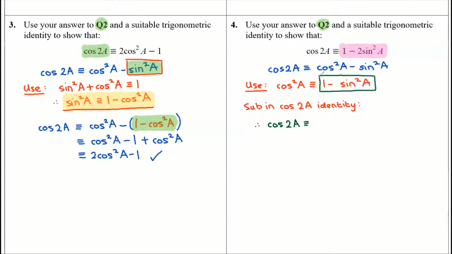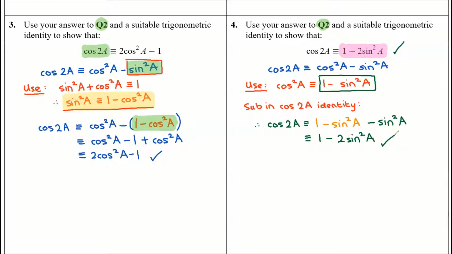So that's going to be 1 subtract sine squared a, and then we're going to subtract another sine squared a. I hope you can see that. And let's see what happens now. Well, we've got the 1 again, but now we're taking off 2 lots of sine squared a, which is what we wanted.